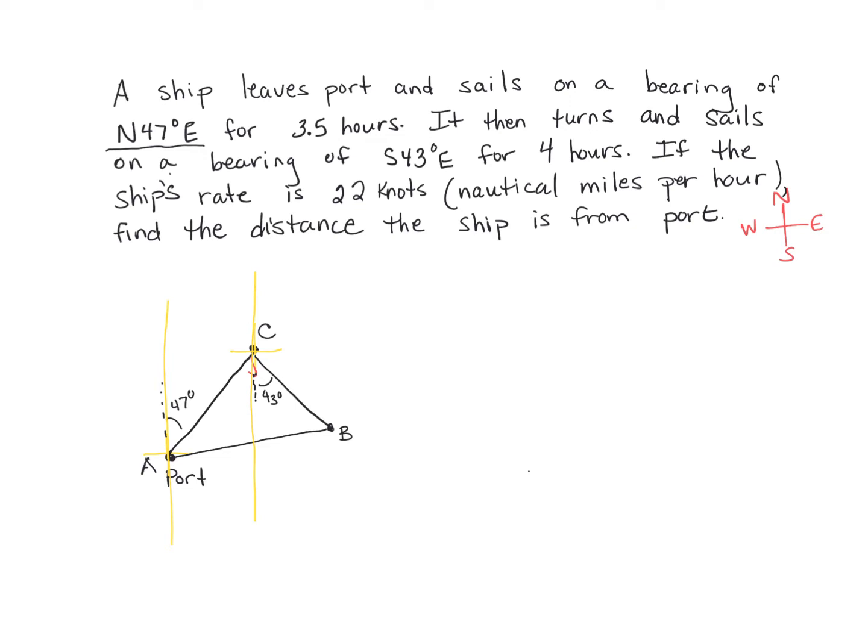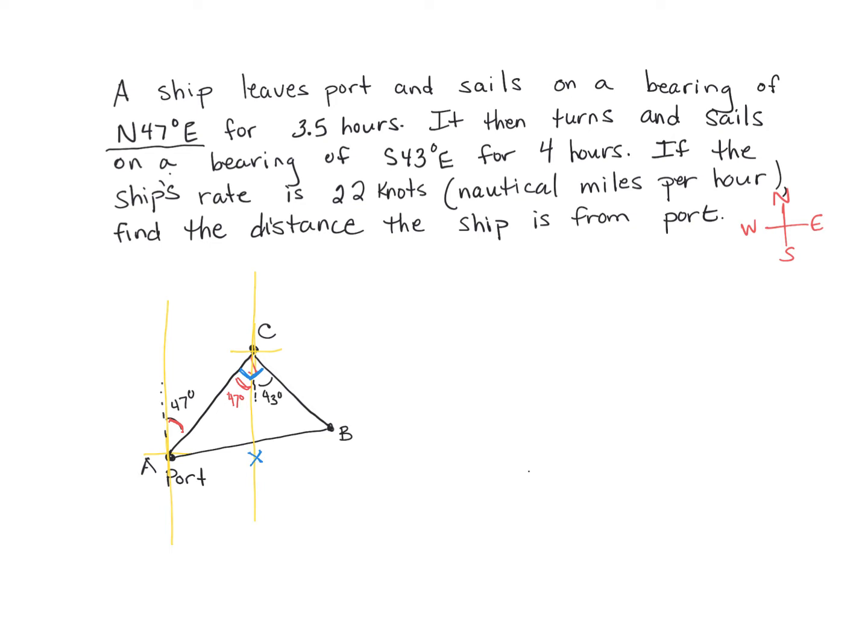And we know from previous geometry that alternate interior angles are congruent. This angle here has to be the same as this angle here, so this is 47 degrees. So now we have a 90-degree angle in here because 47 and 43 added together are 90. So we now have a right triangle. We're looking for this distance here.